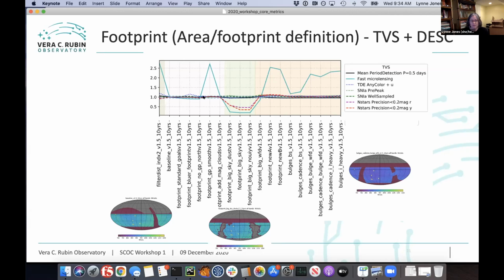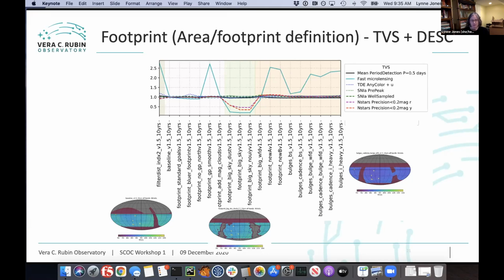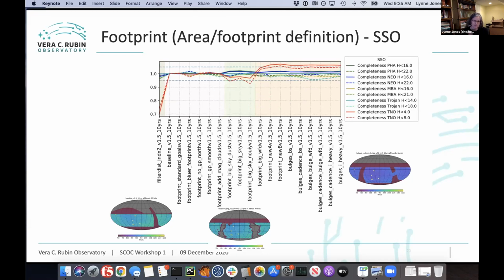This is a simulation with a traditional footprint where we just carried through the galactic plane in a smooth way. And these are simulations where we didn't cover the galactic plane at all. So you can see that these are terrible. So we can't skip the galactic plane. But maybe this new footprint, where we have worse SRD metrics but so far all the science metrics are improving, is interesting.